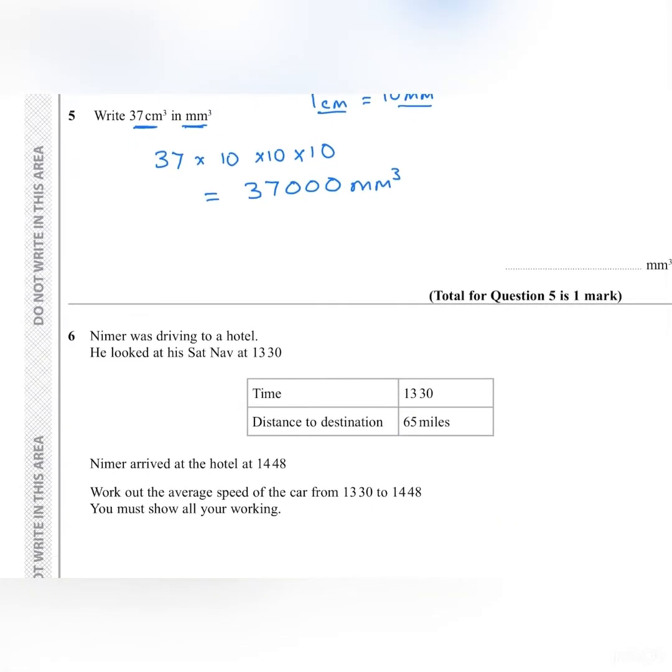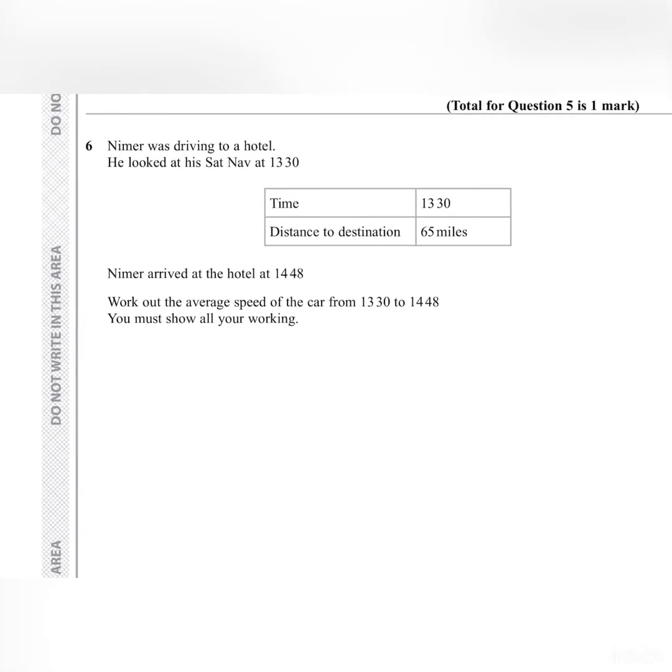Okay, so moving on to question number 6. It said Nemo was driving to a hotel. He looked at his sat-nav at 13:30, and it said time to destination was 65 miles, and he arrived at the hotel at 14:48.